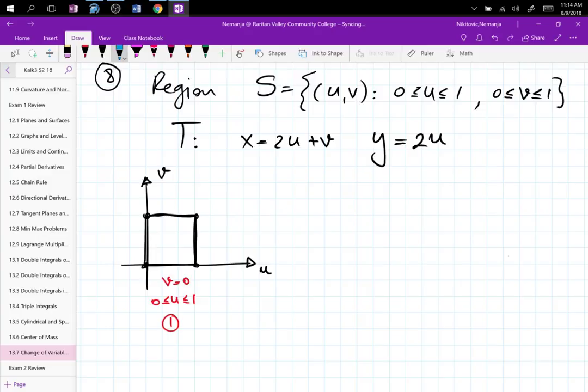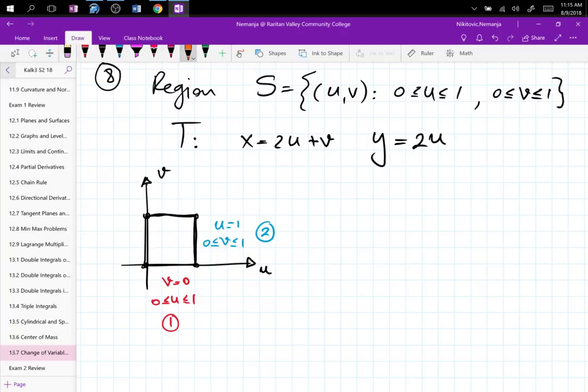Let's go to blue. This is u equals 1 because it's a vertical line, and then we have v between 0 and 1. We have to chop it off because u equals 1 is an infinite line. It goes to negative infinity and positive infinity. So with this line, we chop it off. So that's our line number 2.